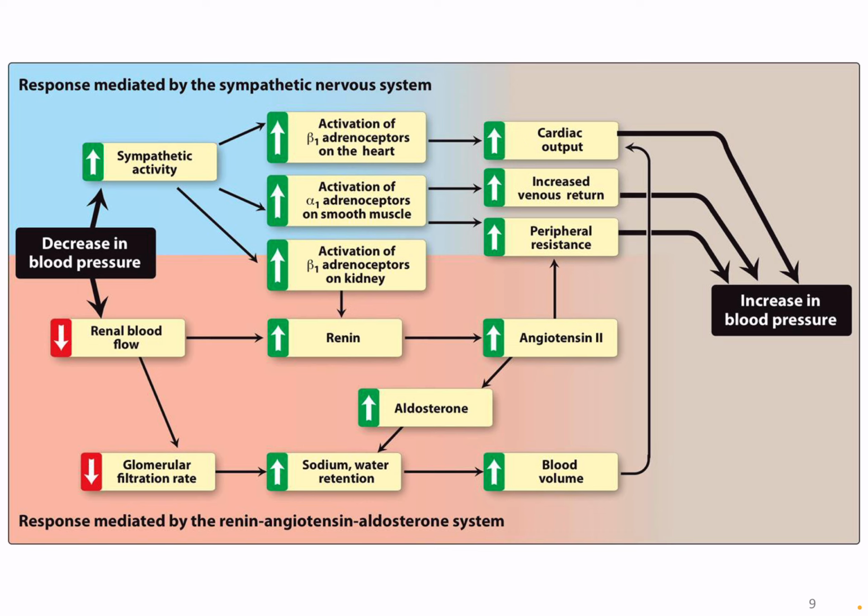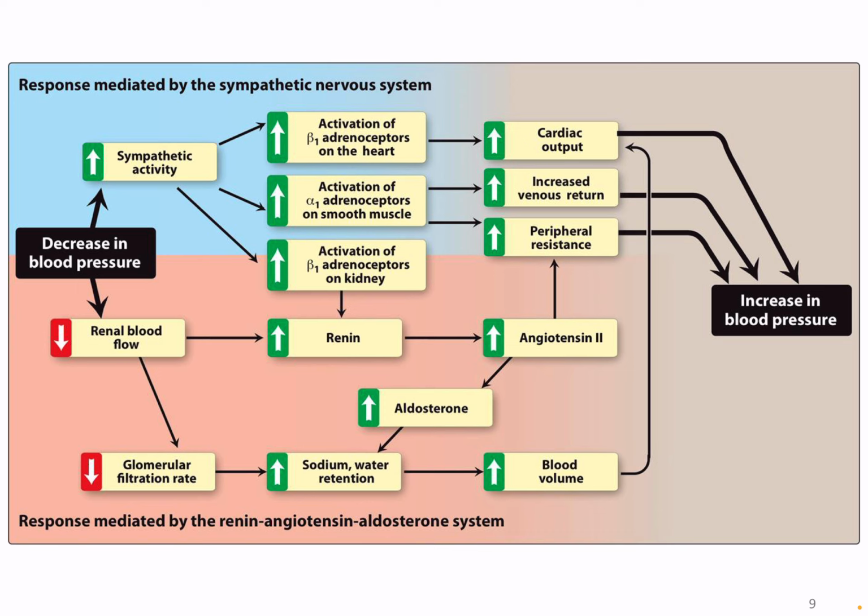Or any increase in the sympathetic activity will activate the alpha receptor on the smooth muscle and the beta receptor on the kidney, which is responsible for the release of renin. We discussed the role of renin last time: renin is a hormone released from the kidney, specifically from the juxtaglomerular cells, which plays an important role in the regulation of blood pressure.